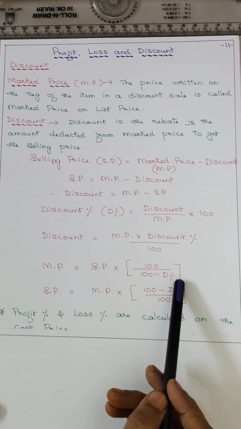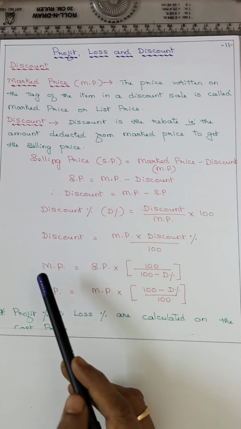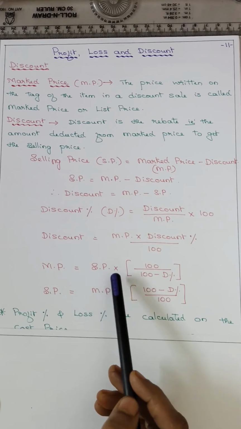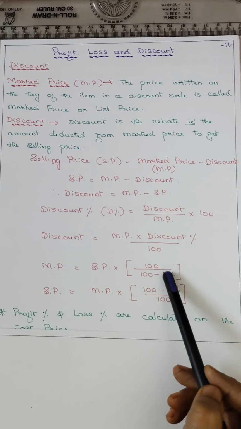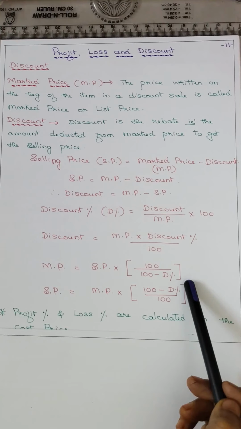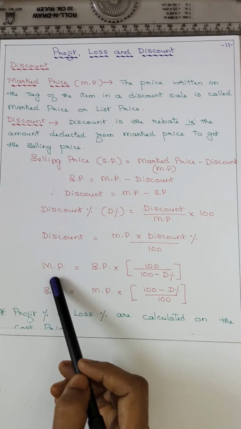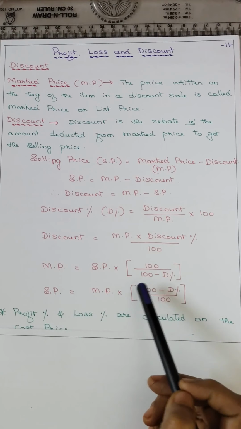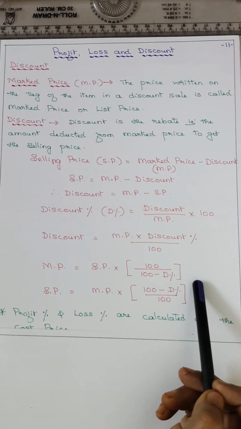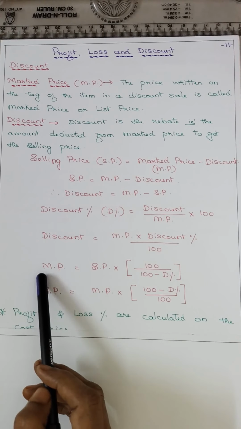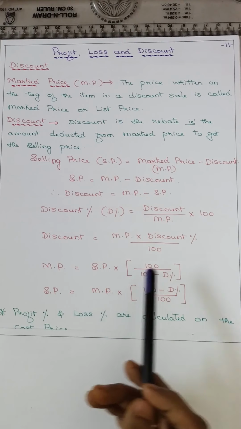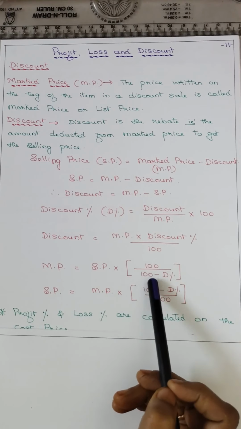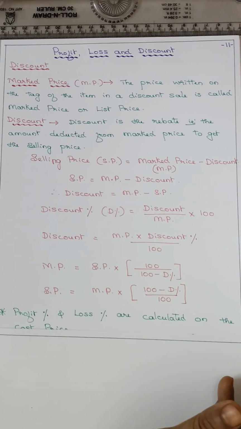When SP and discount percent are given, MP is equal to SP into 100 upon 100 minus discount percent. So just correlate. Remember, for CP you had written CP is equal to SP into 100 upon 100 minus loss percent. So same way MP is equal to SP into 100 upon 100 minus discount percent.